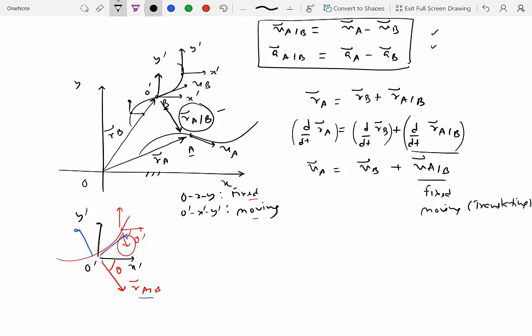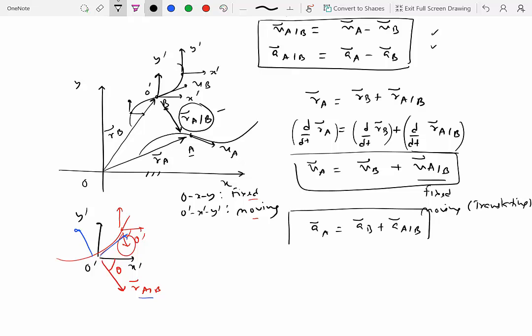And that's the key point. That's the constraint. So for the translating frame, this relationship would be valid. You can differentiate it once more and you would get this as your new relationship that would relate the accelerations of the two particles.